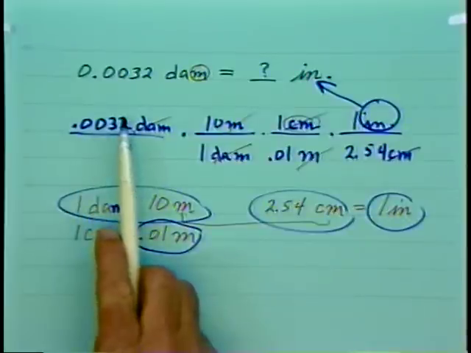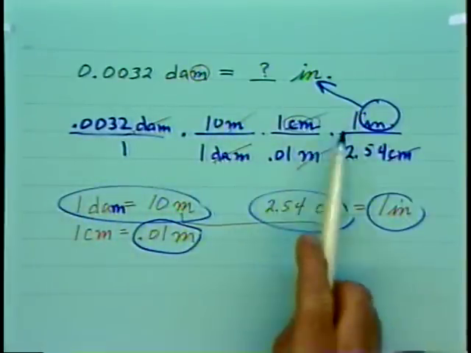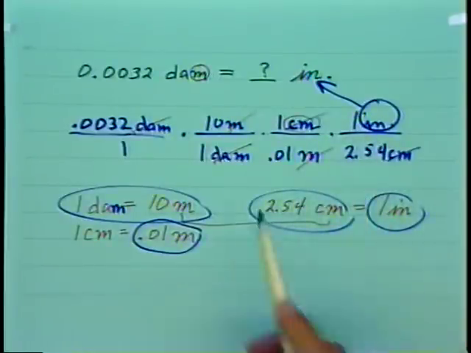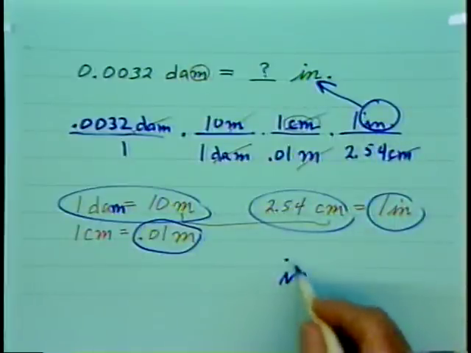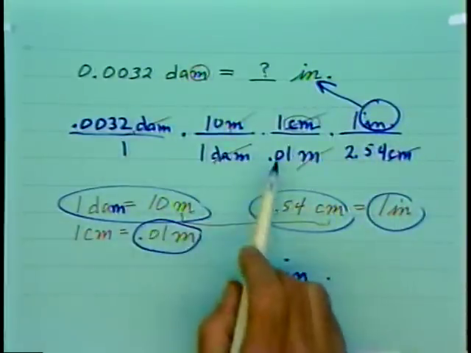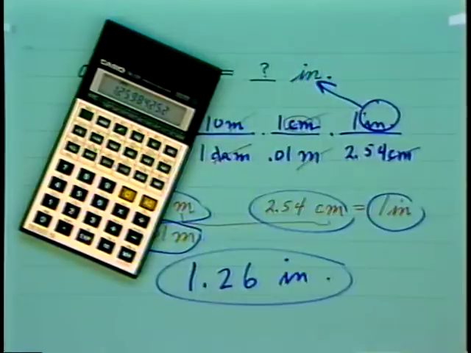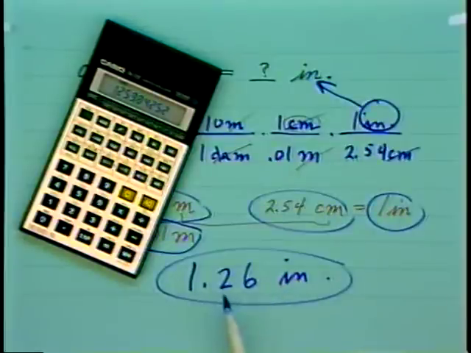So I want to multiply this by 10, divide by 100th, then divide again by 2.54, and that will convert this to inches. And we can do the multiplications and divisions, if we wish, on a calculator. In doing so, I got an unending decimal, which told me I needed to round off at some designated point.